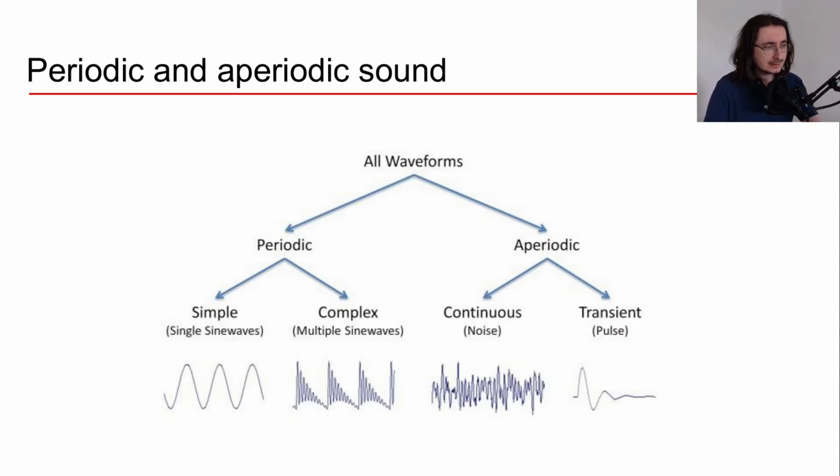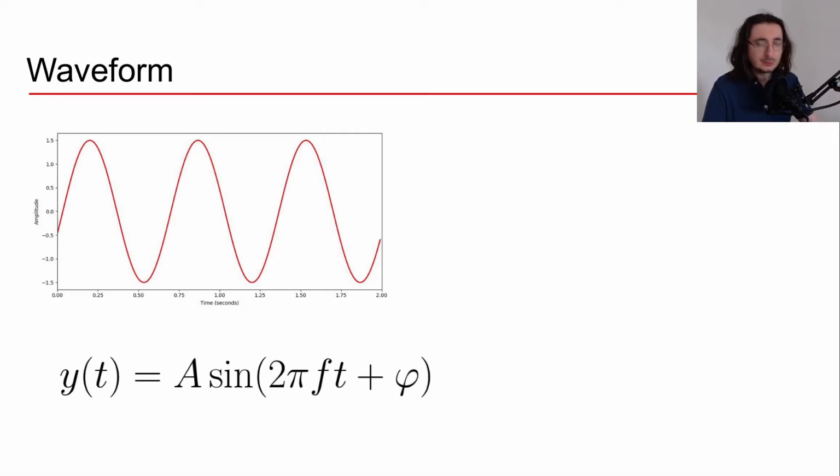Okay, so now let's start with the simplest thing first, which is a simple sine wave. So here we have the waveform for a simple sine wave. And down here we also have the math for that. As you can see, we can easily create the equation of this sine wave by using a bunch of different parameters.